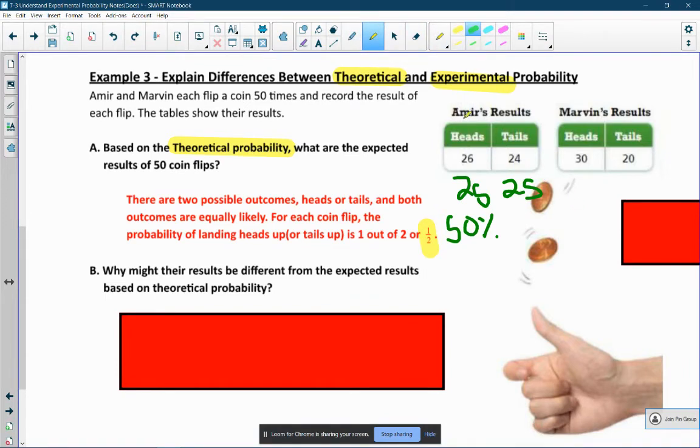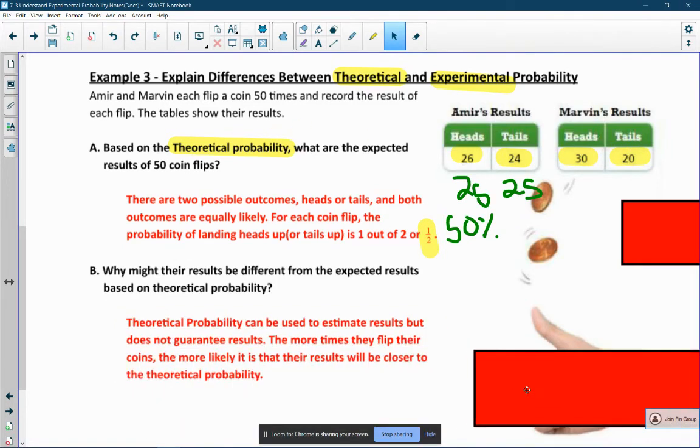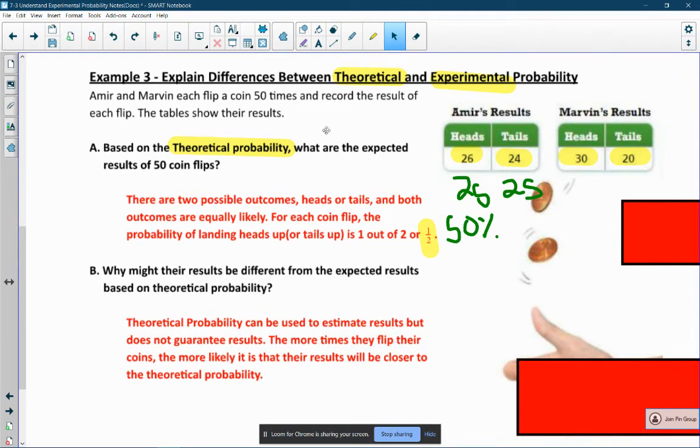And I think we all are aware that just because there's a 50% chance doesn't mean it's going to happen. You're not going to get exactly 25 heads and 25 tails. So the theoretical probability can be used to estimate results, but does not guarantee results. And that's important. Just because 50% of the time you should land on heads doesn't mean that it's going to happen exactly 50% of the time.